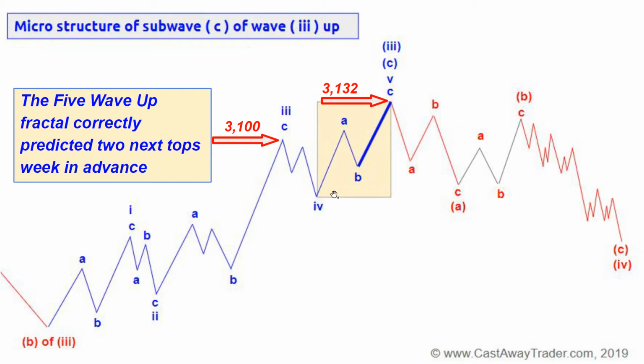And in the previous video I posted at the beginning of November, I gave you two main levels, 3100 and 3132, and both levels were tagged by two wave 3 of different degrees.